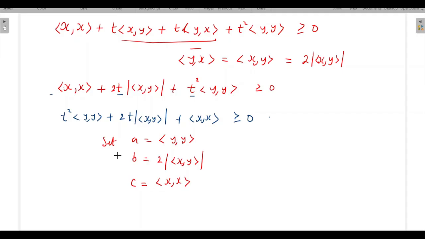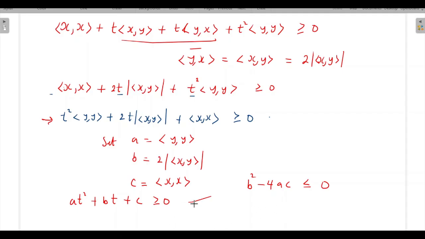So this part can be written as a t squared plus b t plus c greater than or equal to 0. If you have a quadratic equation like this, the discriminant is such that b squared minus 4ac is less than or equal to 0. This is the form in which the discriminant takes.